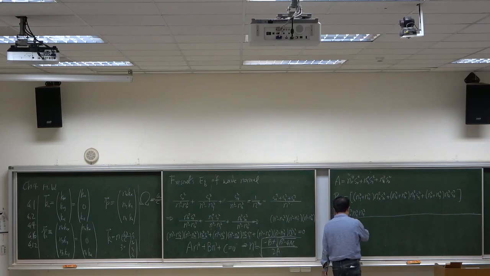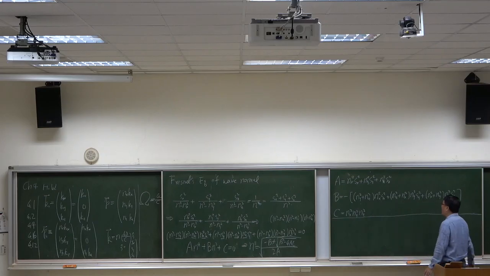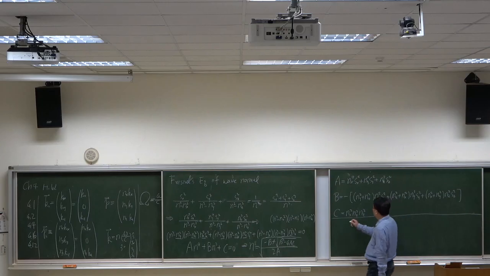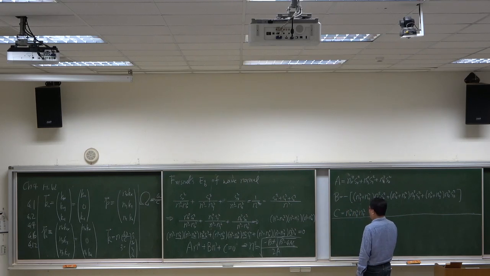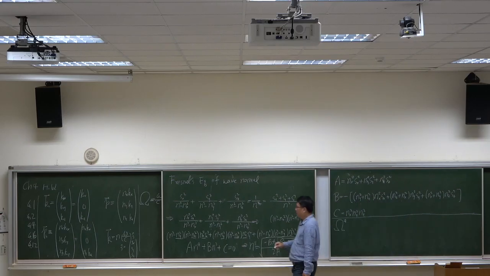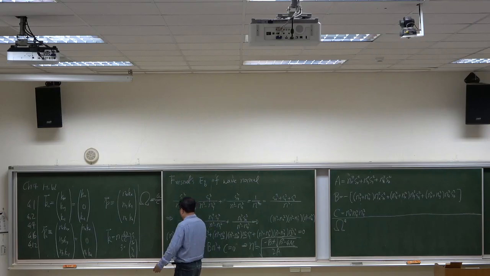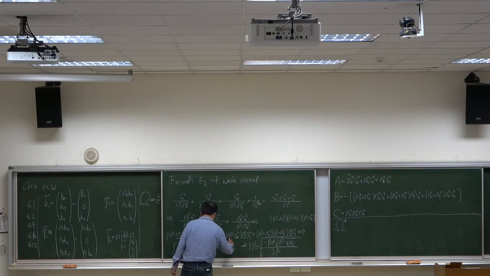If we multiply the equation by this, the fourth power, we multiply the fourth power of omega into this equation.